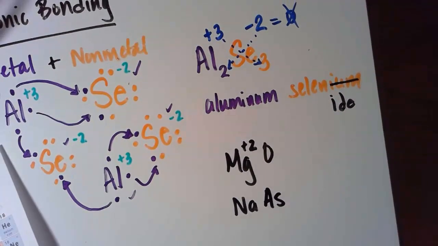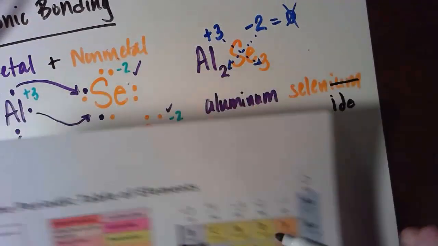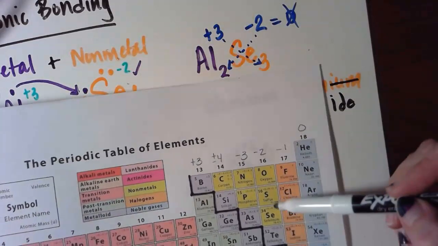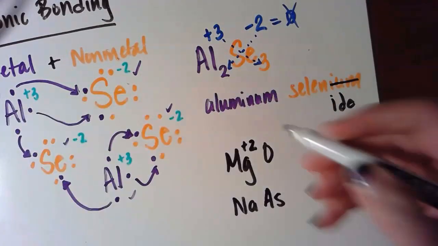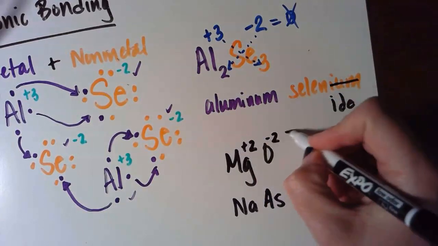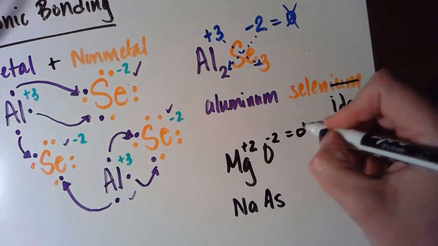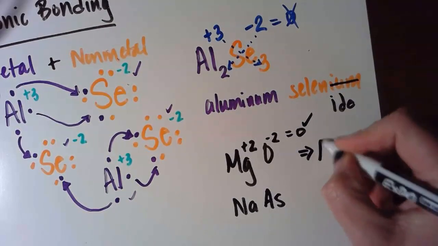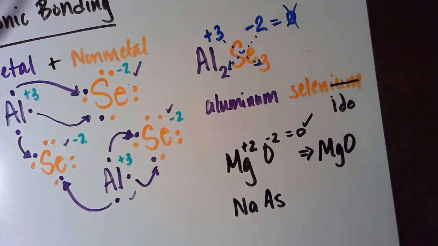All right, so magnesium is a plus 2, and oxygen minus 2. So does a plus 2 and a minus 2 equal 0? It does indeed. So we're done. So our formula in the end is just MgO.